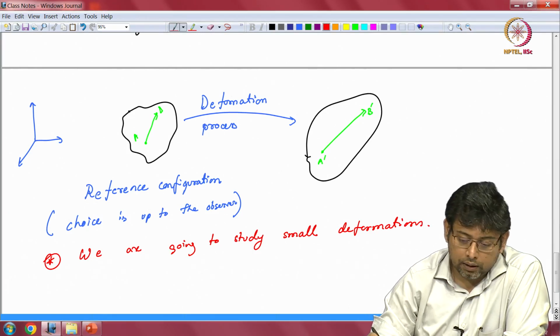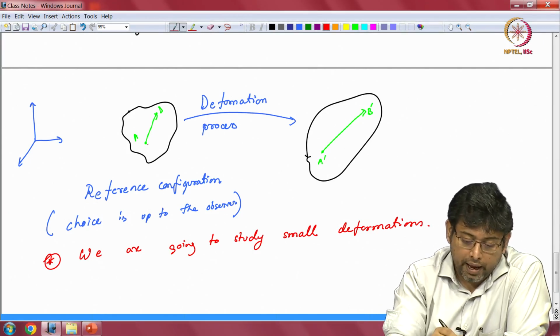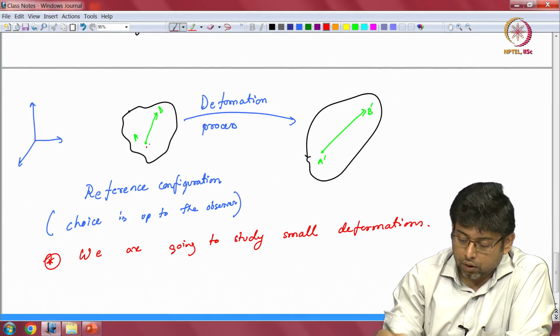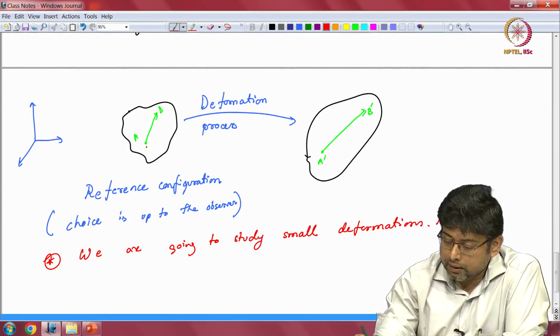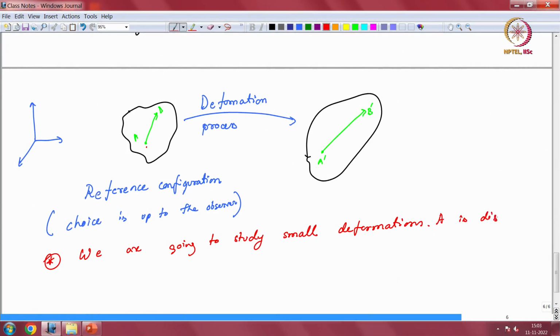So let's say the point A is displaced by u naught as a vector, and B is displaced by another vector u.